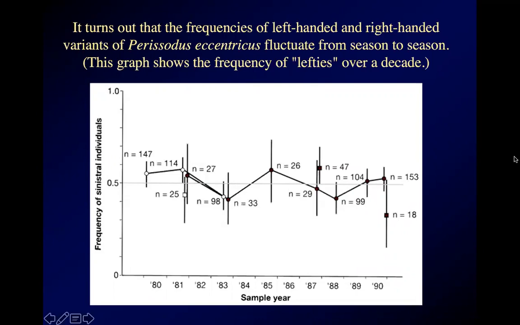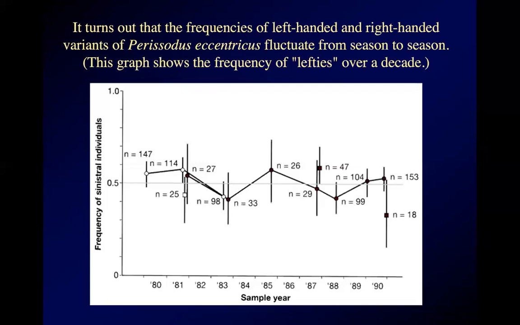You're attacking from an unfamiliar direction. So when the righties are common, the lefties have an advantage. If the lefties have an advantage, they're going to eat more, they'll get more food, they'll breed more, and there will be more lefties. But when the lefties become common, the lefties lose the advantage, right? Because their prey is expecting lefties now.